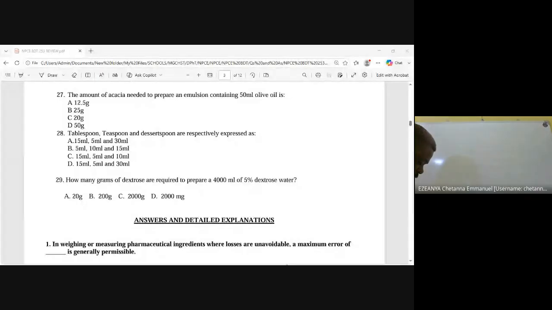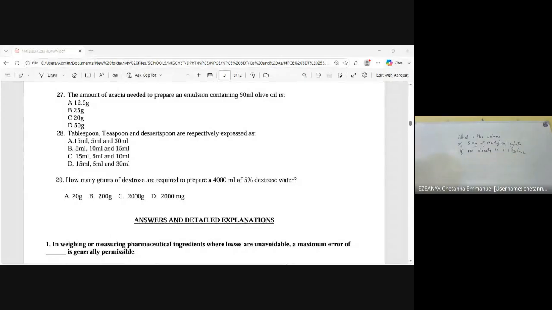What is the volume of 50 grams of methyl salicylate, if its density is 1.17 gram per ml?